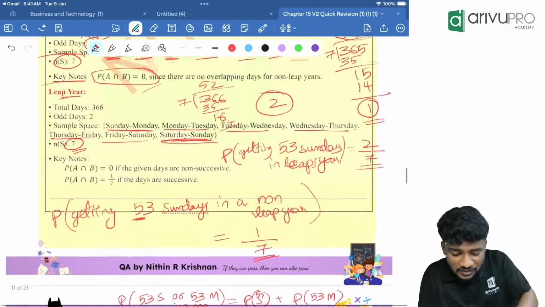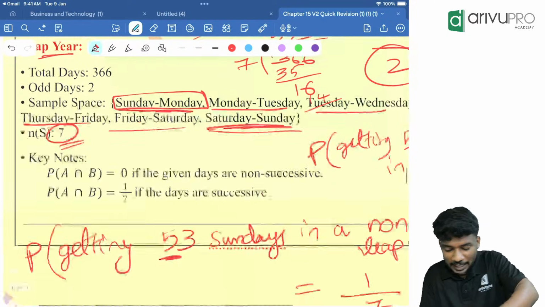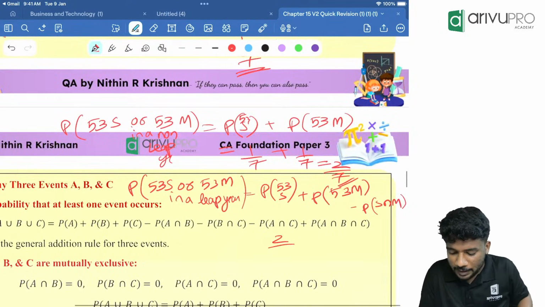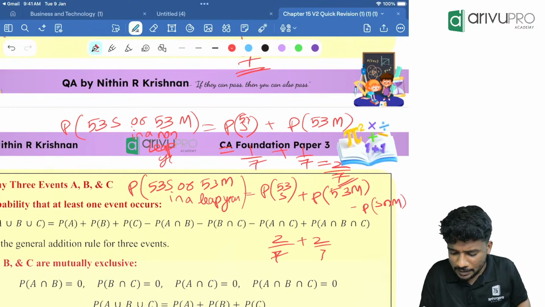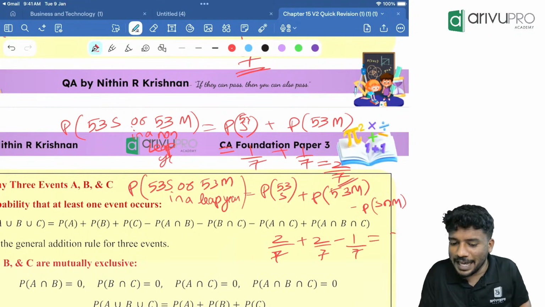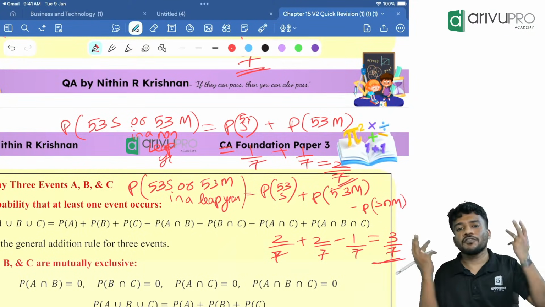One intersection is there in a leap year, that Sunday, Monday, which we need to reduce. So the answer is 2 by 7 plus 2 by 7 minus 1 by 7, which is 3 by 7. So these are the possible questions from this.